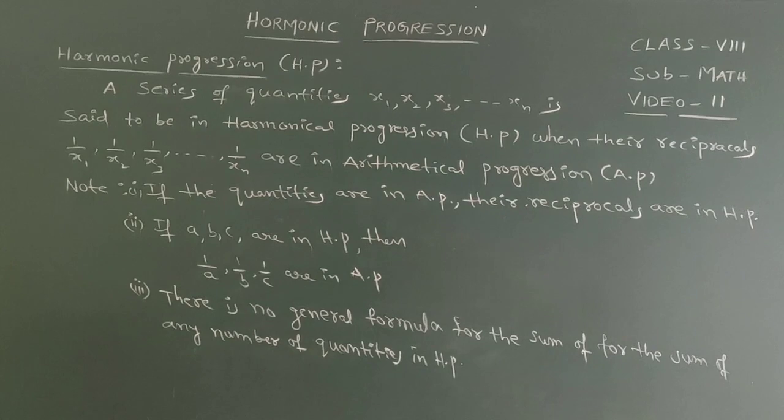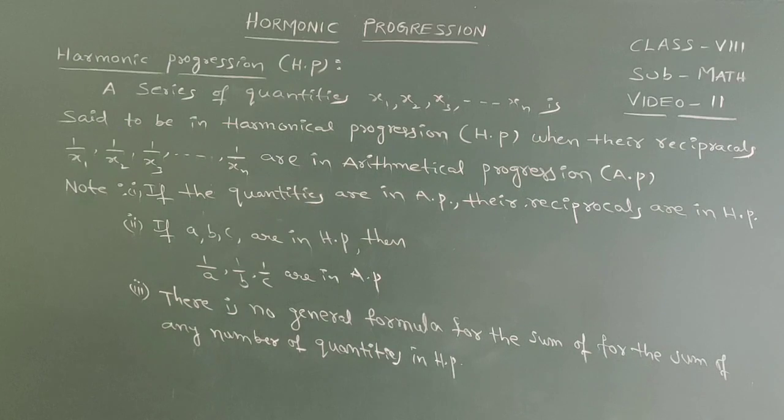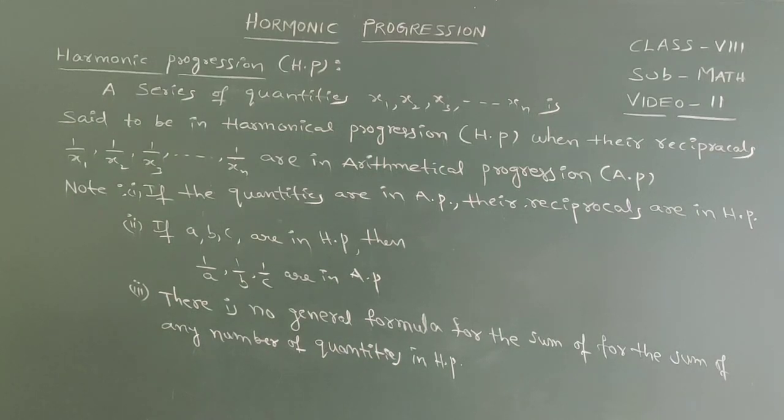Here, once read the definition. A series of quantities x1, x2, x3 and so on xn is said to be in harmonical progression, simply abbreviated as HP, when the reciprocals 1 by x1, 1 by x2, 1 by x3 and so on 1 by xn are in arithmetical progression, that is AP.